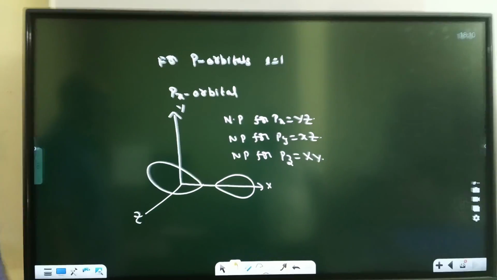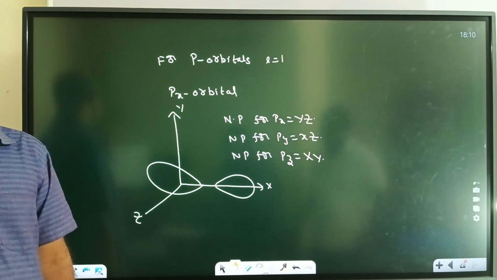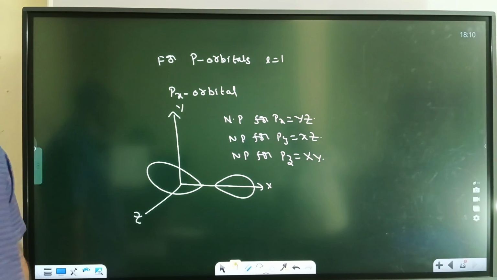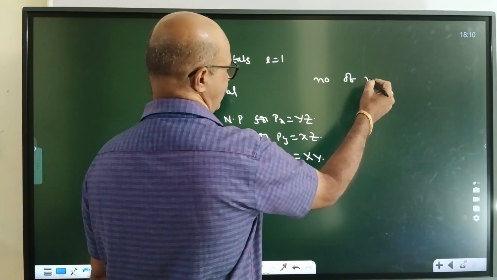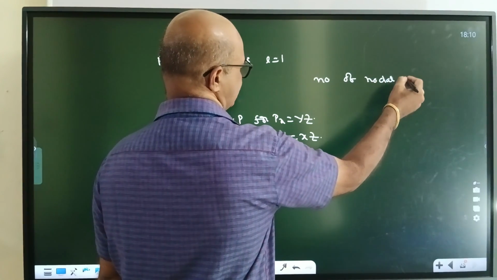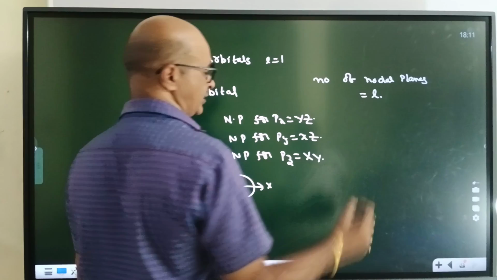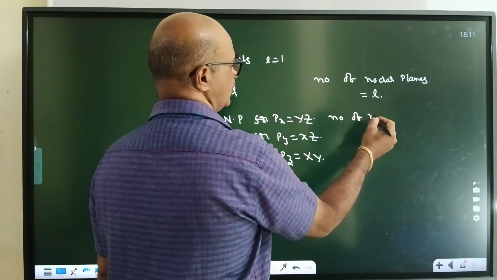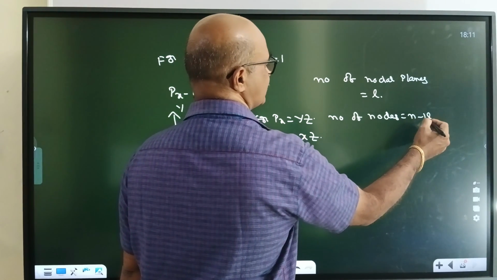So p orbital has only one nodal plane. Number of nodal planes is equal to l. Number of nodes is equal to n minus l minus 1.